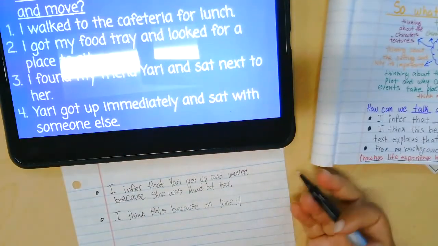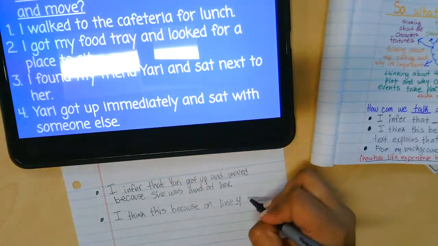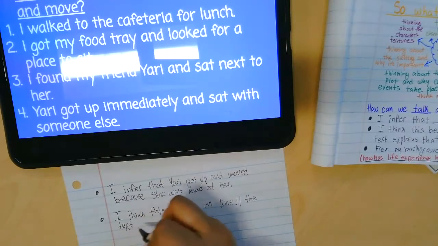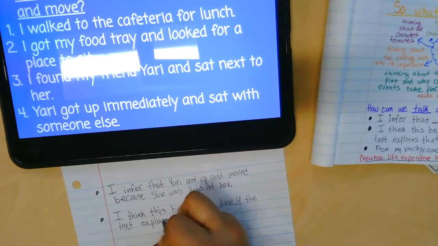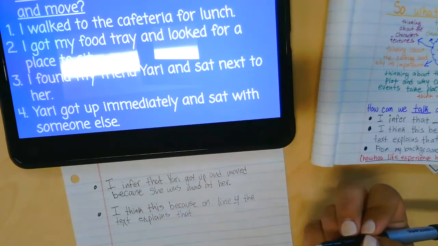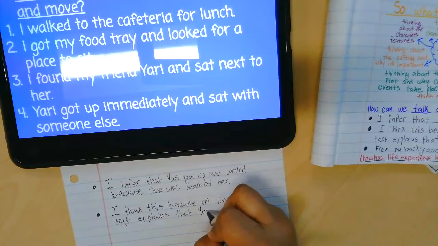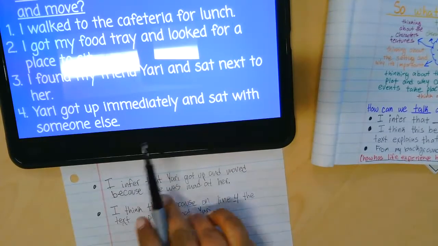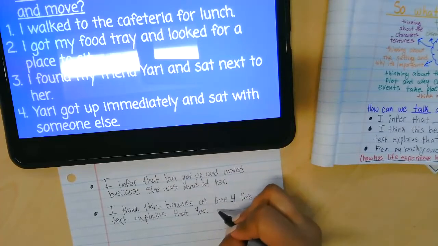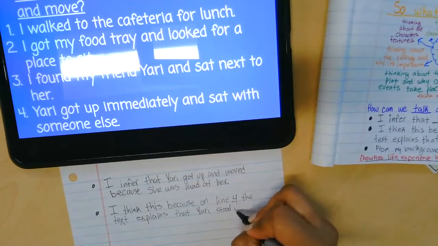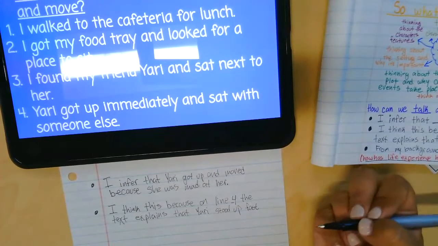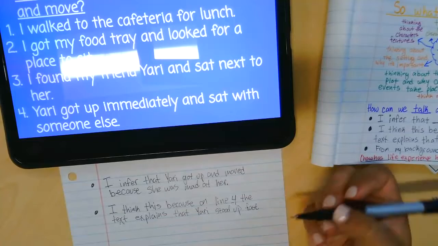So I think this because on line 4, the text explains that Yadi, she said, got up immediately. So I'm going to say, paraphrase in my own words, Yadi stood up fast. I'm paraphrasing, writing it in my own words.